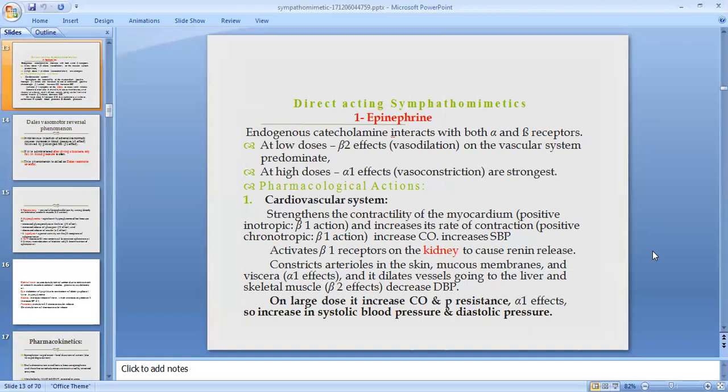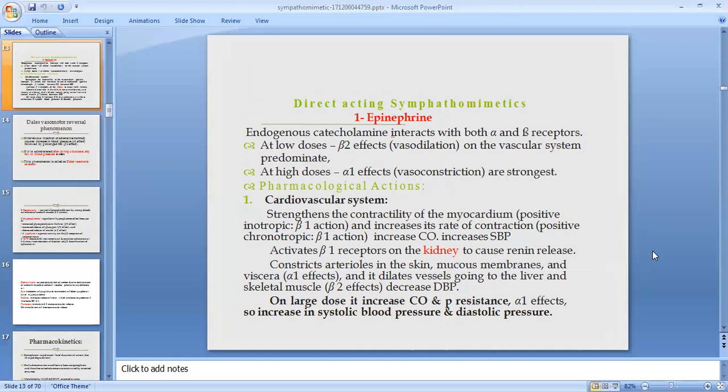Also, beta 1 receptors are present in the juxtaglomerular cells of the kidney, so it causes release of renin, which leads to increased angiotensin 2, a potent vasoconstrictor, causing high blood pressure.